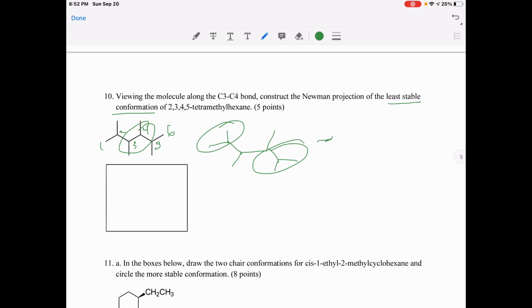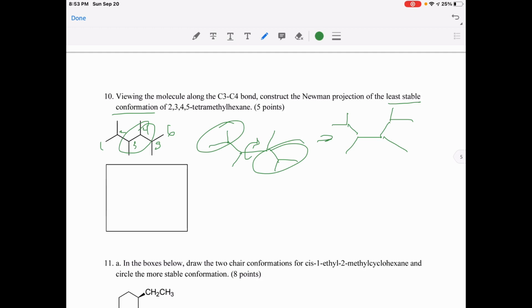So after you do a little bit of rotation, you can get a new conformation that is energetically unfavorable. So there is that additional steric repulsion that is present.